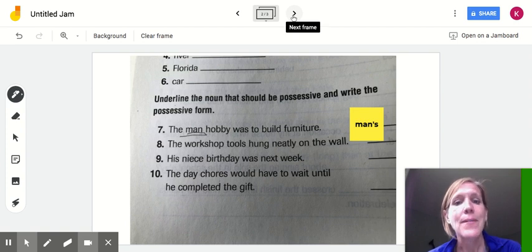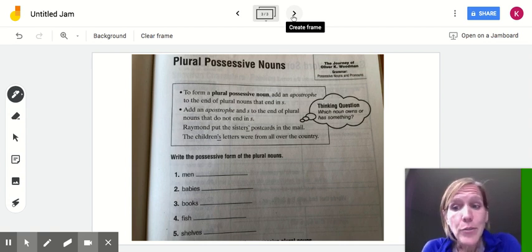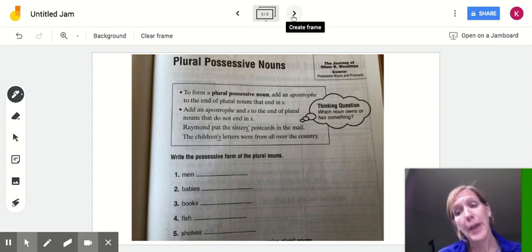Okay. On the next page, the only thing that's changing is that we're talking about plural nouns. Okay. Now, plural nouns, if it ends in an S, most plural nouns will end in an S, right? Because in order to make something plural, we add an S or an ES to the end of it, right? So, for example, bike, bikes, book, books, right? More than one book would be books.